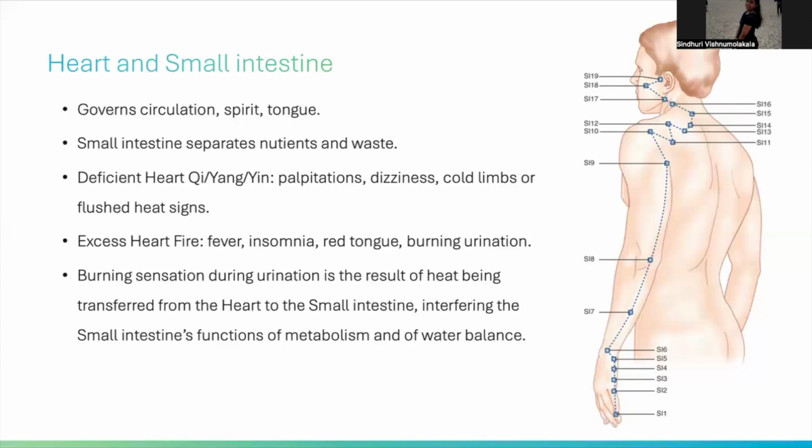These are all because of excess heart fire. Now, the burning sensation during urination is a result of heat being transferred from the heart to the small intestine, interfering with the small intestine's functions of metabolism and of water balance.